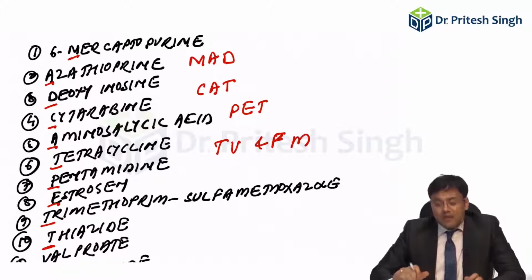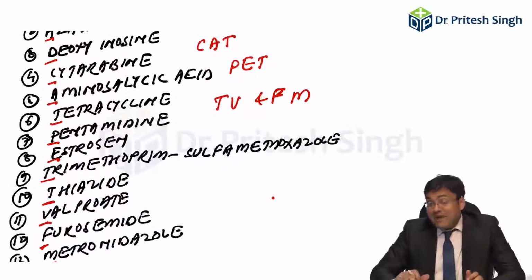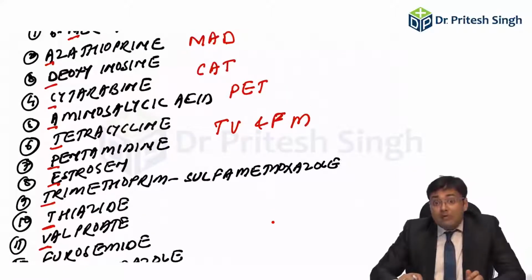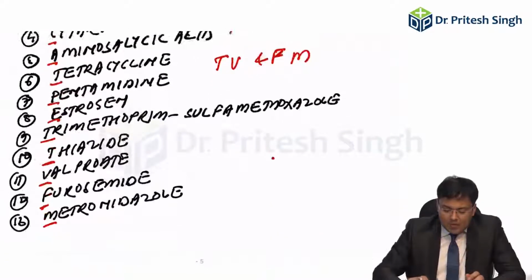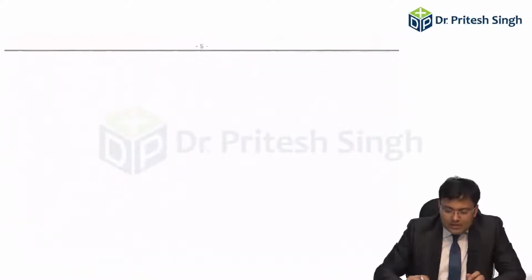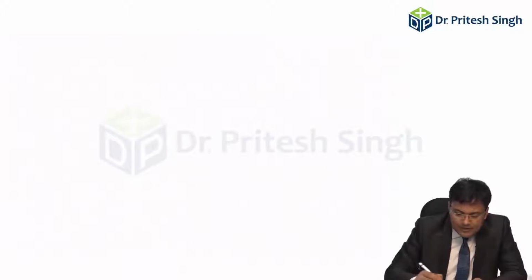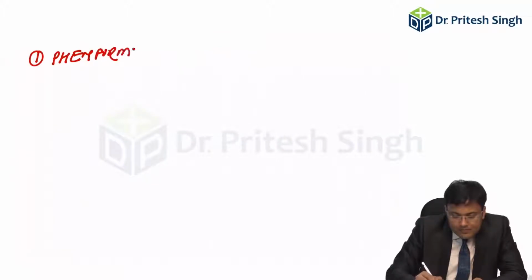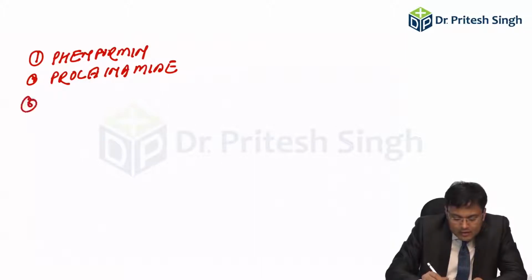This list is very important. It is frequently asked in many exams. After that, certain drugs which are probable causes, and those drugs are also asked frequently. What are those drugs which are probable causes? First, phenformin. Second, procainamide. Isoniazid.